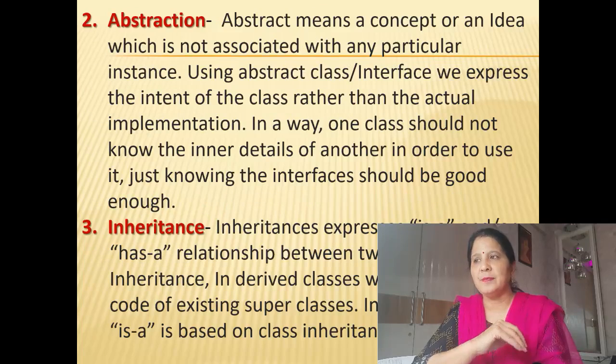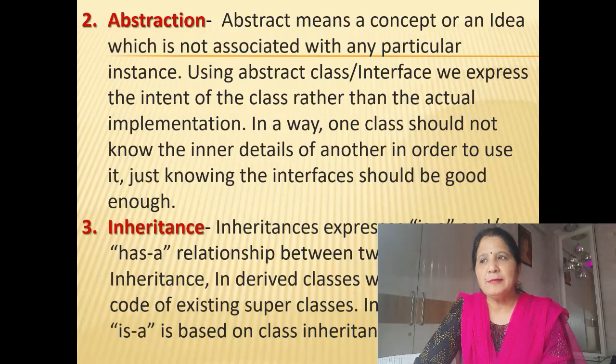Now next is abstraction. Abstract means a concept or an idea which is not associated with any particular instance. It is an idea. Using abstract classes and interfaces, we express the intent of a class rather than the actual implementation.